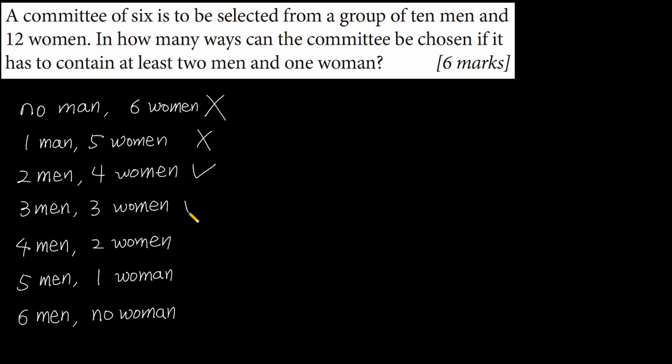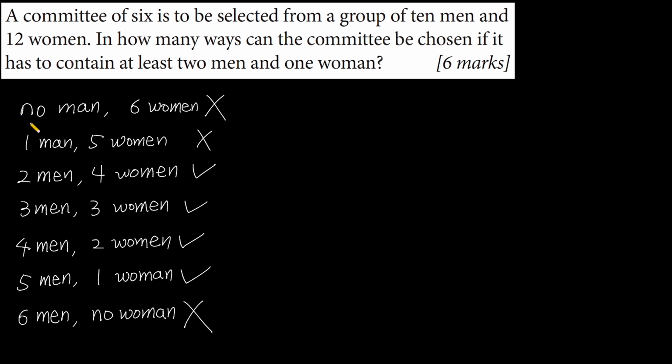This case also fulfills the requirement because it has 5 men, satisfying at least 2 men, and it has 1 woman, satisfying at least 1 woman. But this last case does not fulfill the requirement because it has no woman.